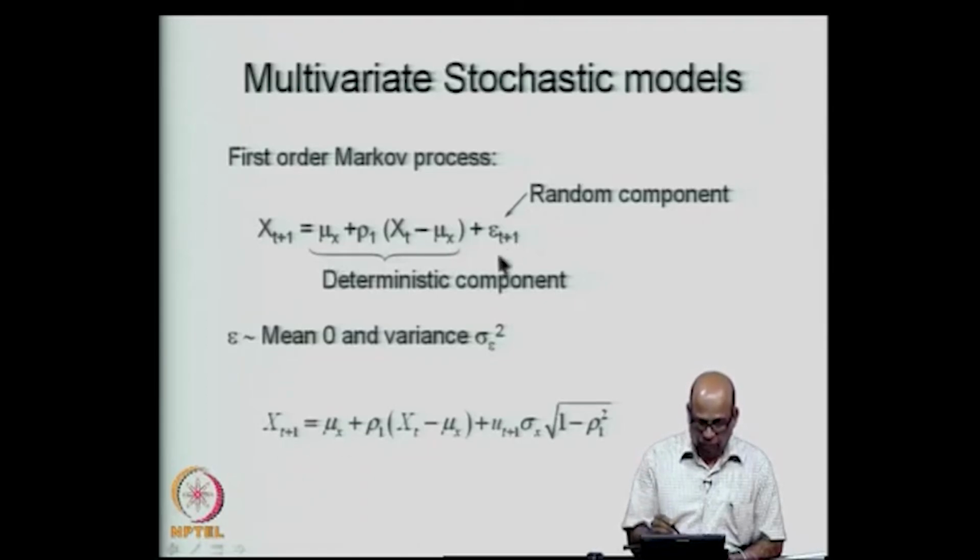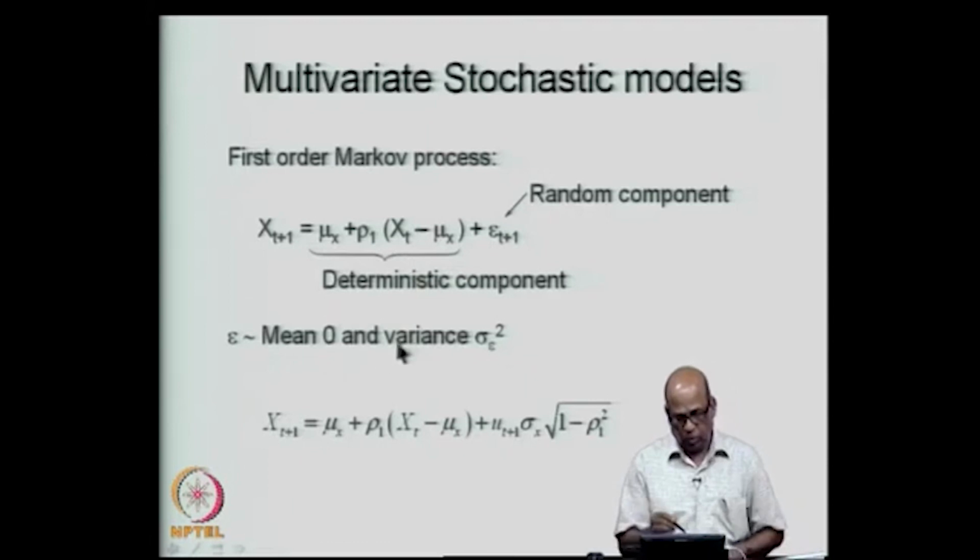Now, when we used epsilon as mean 0 and variance sigma e square, we wrote the problem in this fashion, that is x t plus 1 is equal to mu x, which is the mean of the random variable x.